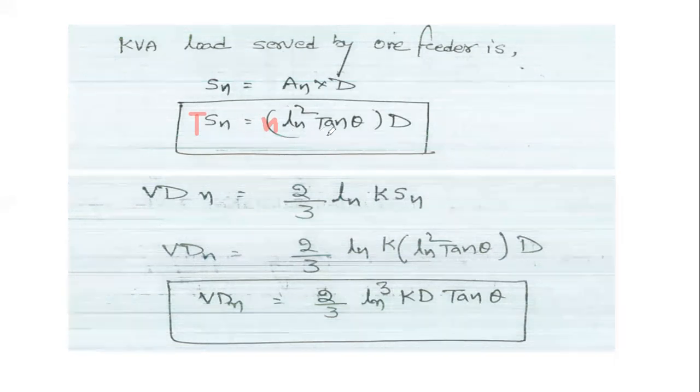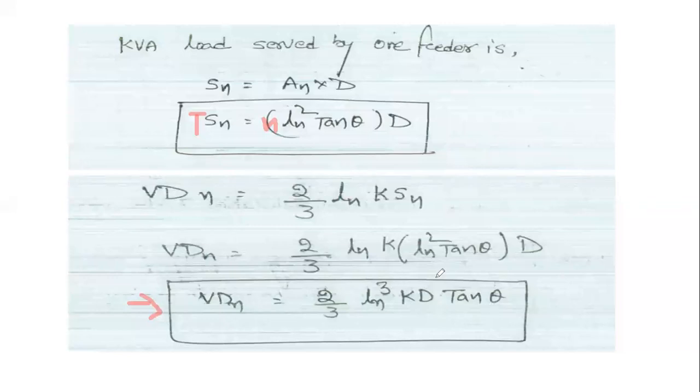Sn is equal to ln square tan theta into D. Therefore, the voltage drop at one feeder, or the single area triangle ABC, is 2 by 3 ln cube KD tan theta.